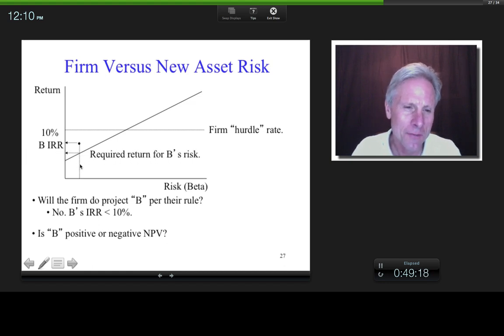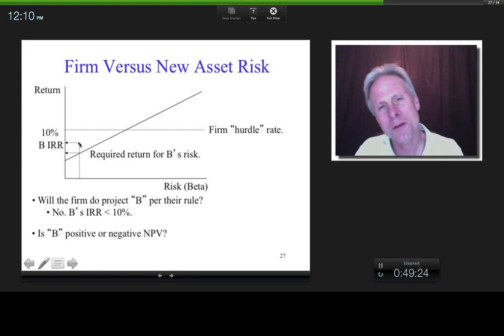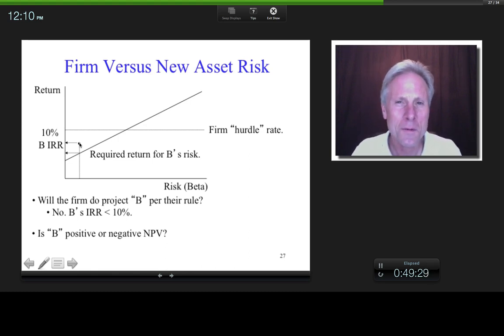Because given this level of risk, just to break even, this is what they require. But the internal rate of return means their expected cash flows are going to be even higher than what the market is requiring given their level of risk. So in other words, the firm would be saying yes or no to a positive NPV project? They would be saying no.